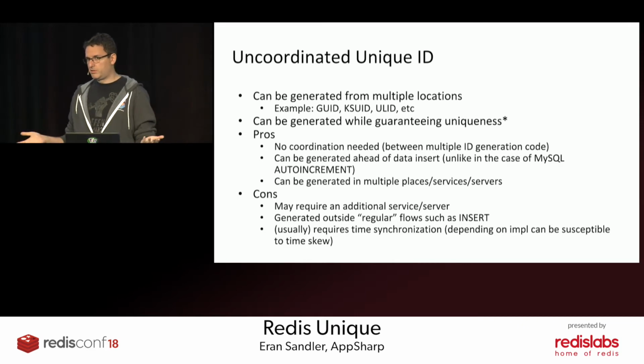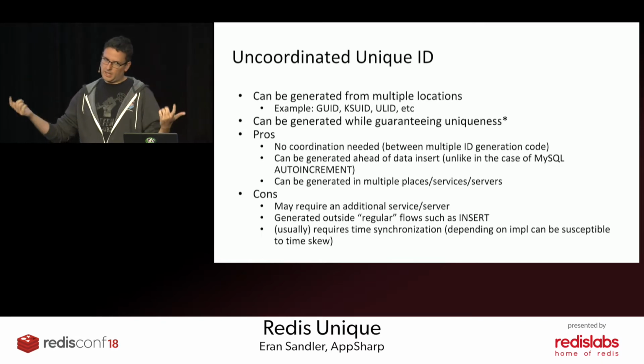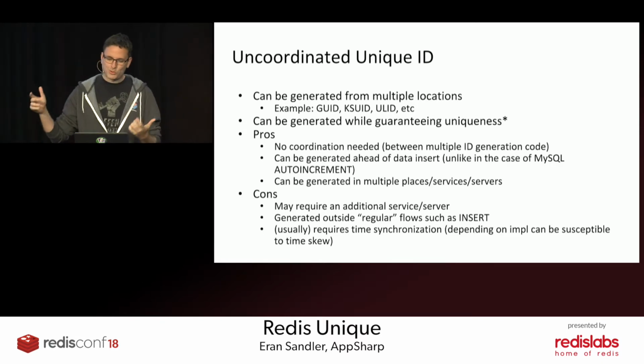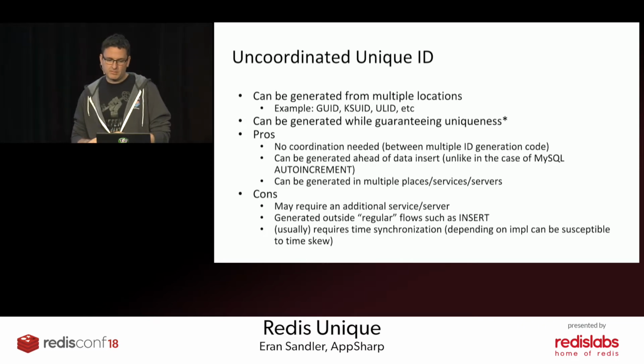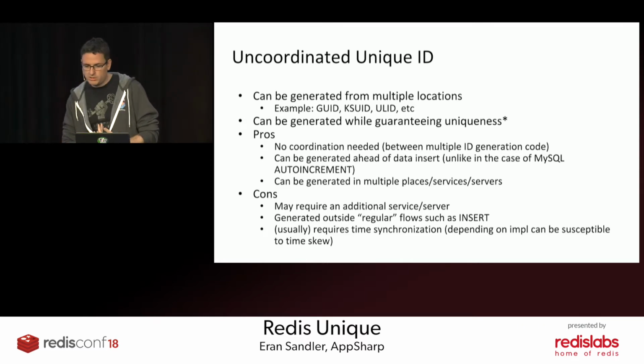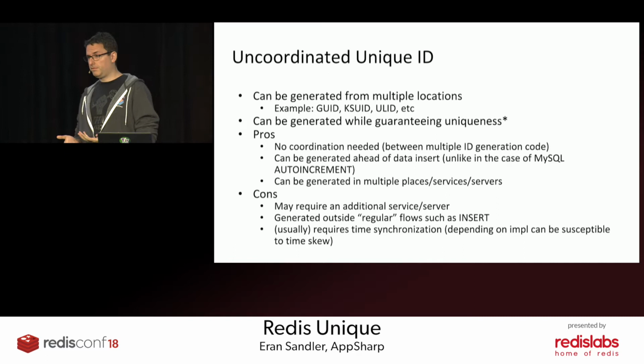The pro is there is no coordination needed, so you can have two machines generate IDs, and in most cases they would be unique, and you can make sure they are not colliding with each other, and you can generate them in different places. You can generate them ahead of data insertion.